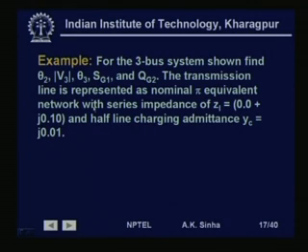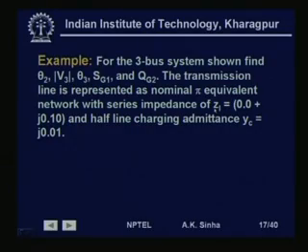As we had seen when we derived the equivalent circuit, we can represent a transmission line by a nominal pi equivalent circuit, for which the series impedance of the line is given as 0.0 plus j 0.10, that is resistance is negligible, and the line has an inductive reactance of 0.10 per unit.